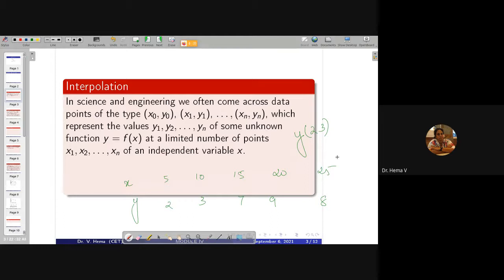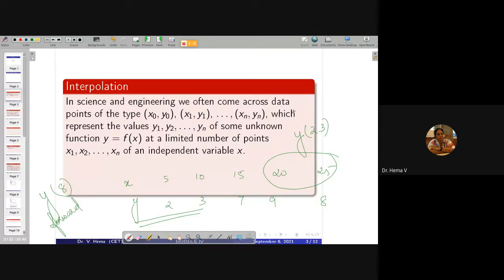Here, to find y at 23, it is around the later stage of the values. So in this case we will use the backward interpolation method. Suppose you need to find an initial value, like y of 8. That is near the beginning, so in that case you will use the forward interpolation method.